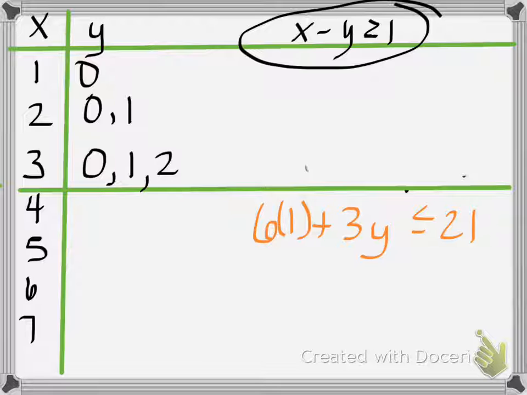So 6 times 1 is 6. And then I'm going to check out these y's. So 6 plus 3 times 0, is that less than or equal to 21? Because that's 6. Is 6 less than or equal to 21? So you can either circle or highlight the ones that work.